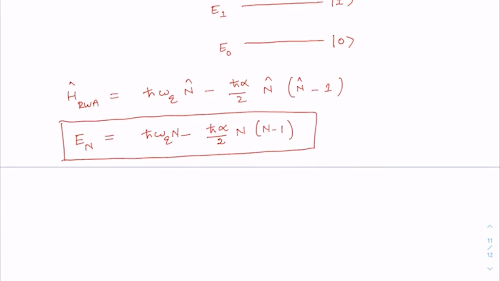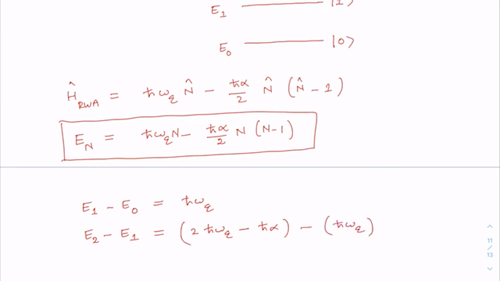So let me find out the difference between the energy levels. For example, the first excited state and the ground state energy level, you can immediately see that this would be simply h cross omega q. On the other hand, say the second energy level minus the first energy level, that would be, from this expression itself you will see, twice h cross omega q minus h cross alpha, that is your E2, minus the E1, which is simply h cross omega q, and this is going to give you h cross omega q minus h cross alpha.